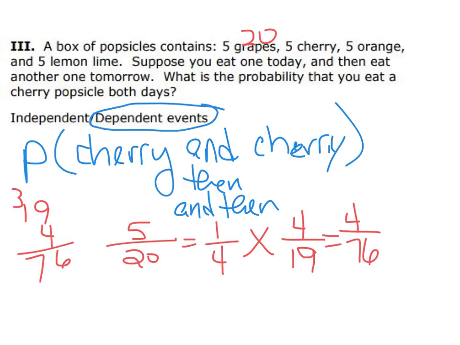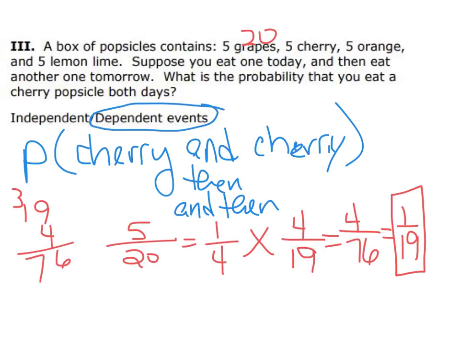Yes, by what? 4. By 4. So that equals 1 out of 19. Now remember, guys, there is a shortcut to simplifying too.